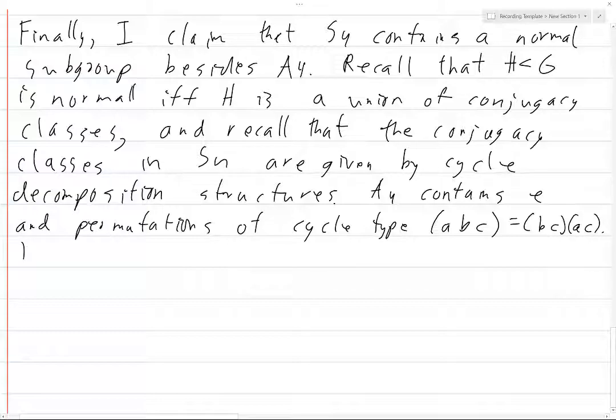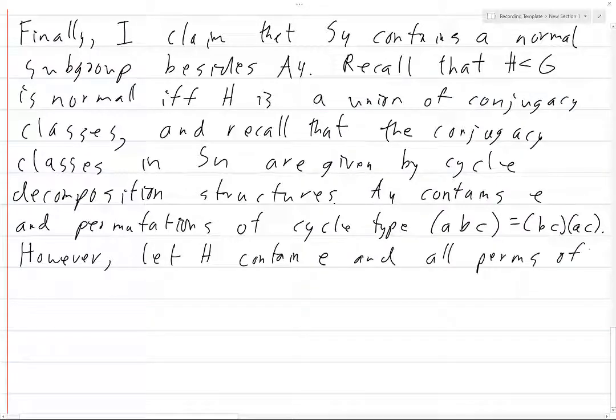So, to find another thing, let H contain E and all permutations of cycle type (a b)(c d).